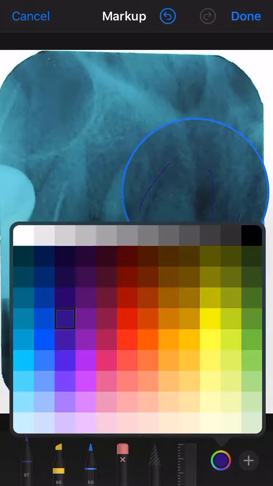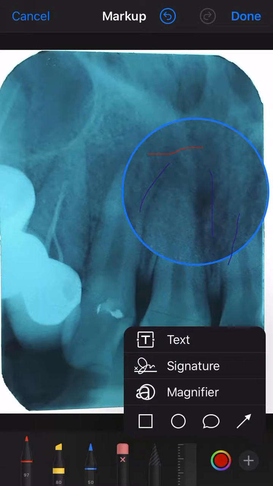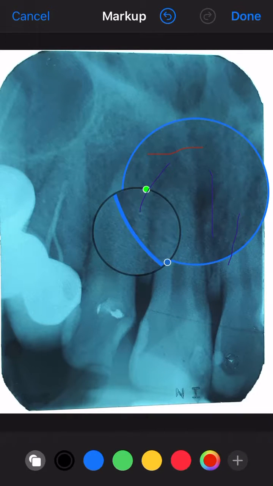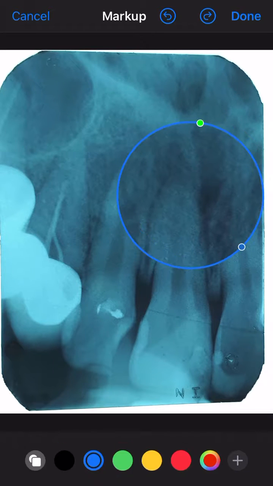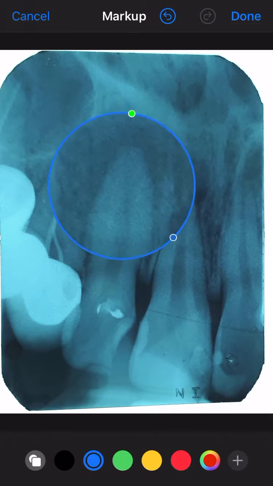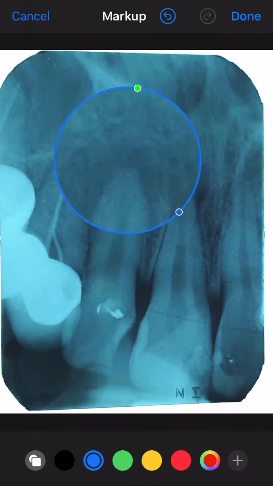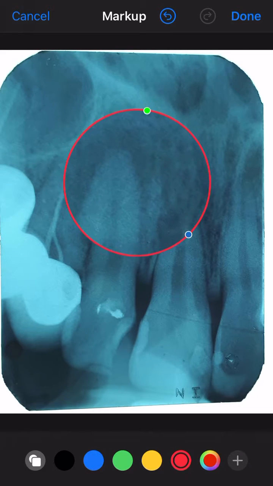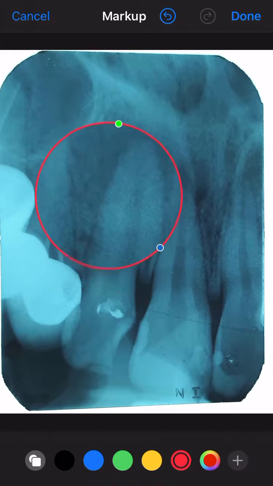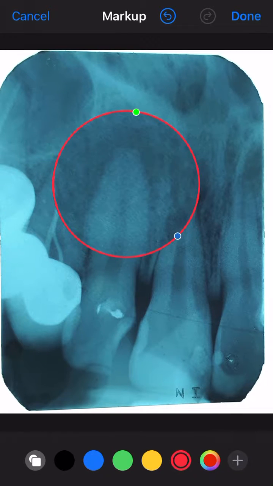Okay. Similarly, in the next tooth as well, you can't see the periodontal space very clearly, right? You can see that the lamina dura is intact and thickened in this area, but somehow there is loss of lamina dura and periodontal space at the apex of the tooth.